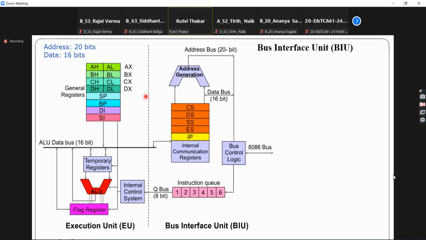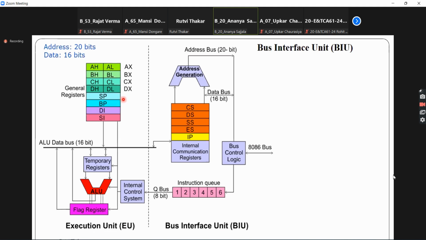Now whenever we do programming in 8086, it is always good to have a smaller code. Or is it good to have a larger code which takes more memory? Smaller code, right? So if I have data which is only 8 bits, will I waste the entire 16-bit register?